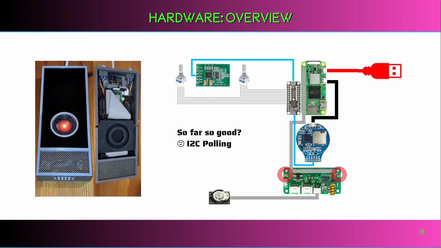So you need to poll this. The microcontroller polls the states of the GPIOs every, I think, 10 milliseconds. And when something changes, then it knows, okay, the button has been pushed or whatever.